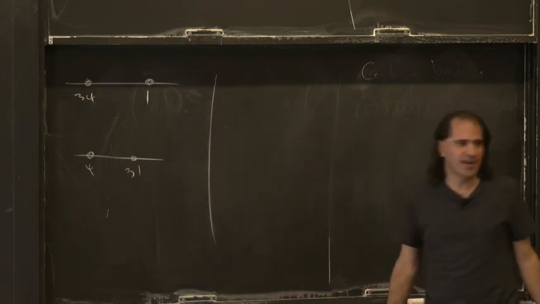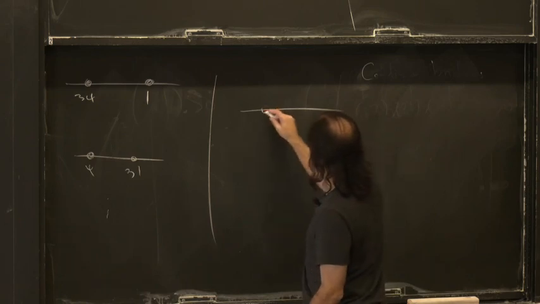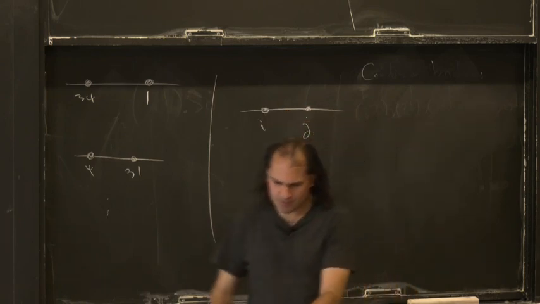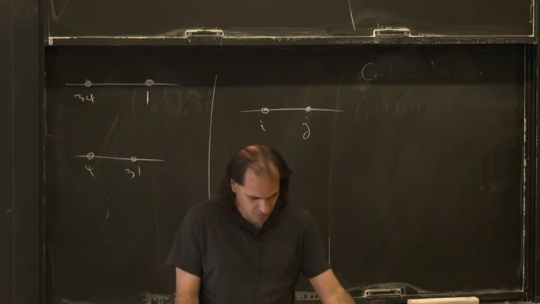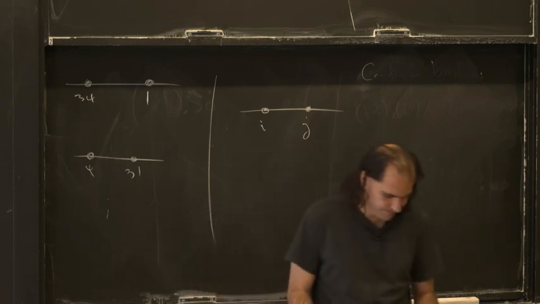And finally, what can I get at the bottom? I can just get every pair. Every pair ij can occur as something at the bottom. All right.